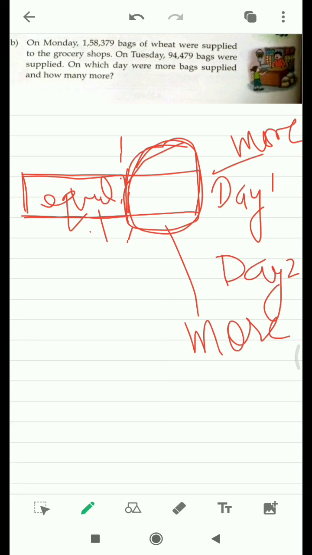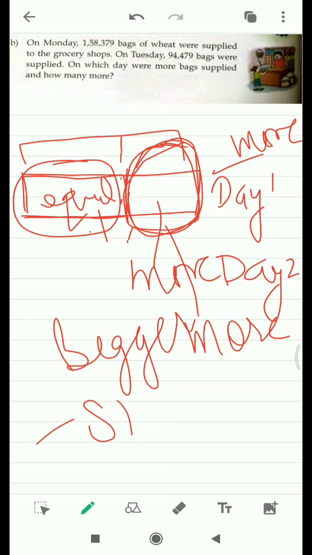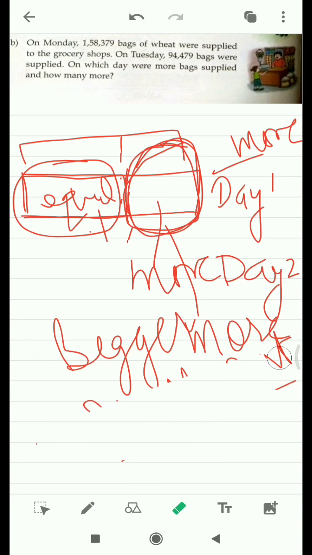This is the more part. So out of this full, we have to remove this part if we want to find how much more. It means from the bigger one, we are subtracting the smaller part. That's what we are doing. So let's proceed with it now.